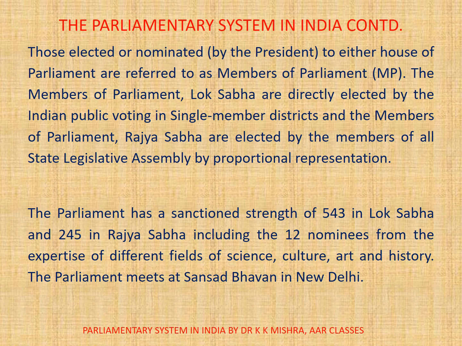The parliament has a sanctioned strength of 543 in Lok Sabha and 245 in Rajya Sabha, including 12 nominees from the expertise of different fields of science, culture, art and history. The parliament meets at Sansad Bhavan in New Delhi.